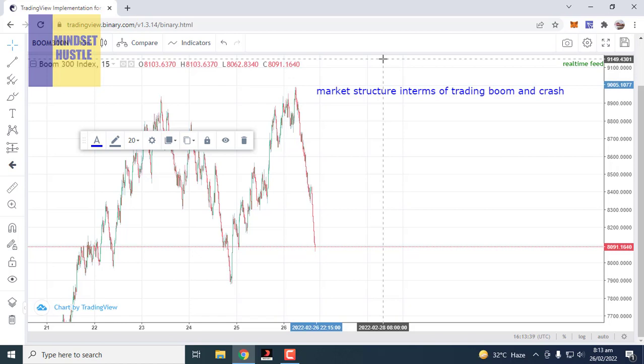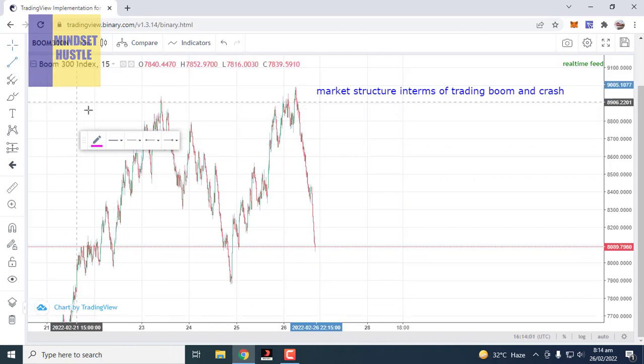So let's come back. Market structure is very important. I'll first of all demonstrate the textbook way of representing market structure, then you look at the realistic way that you need to look at market structure. Textbook will give you a way that you see market structure in.